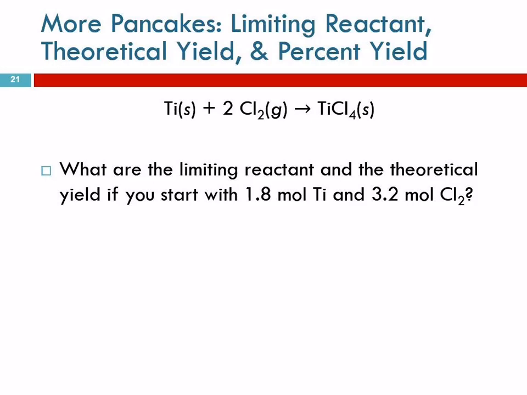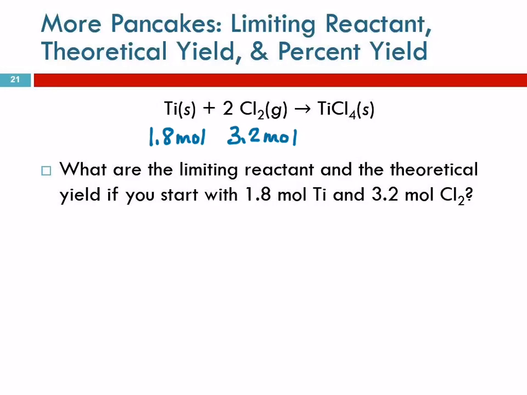This is stoichiometry. We have a balanced chemical equation. We're going to use it to organize this information. 1.8 moles. So I'm going to write that under titanium. 1.8 moles. And 3.2 moles of chlorine. The question is the limiting reactant and the theoretical yield.